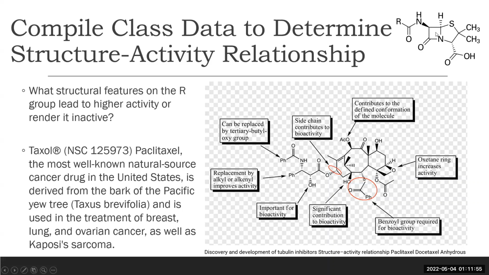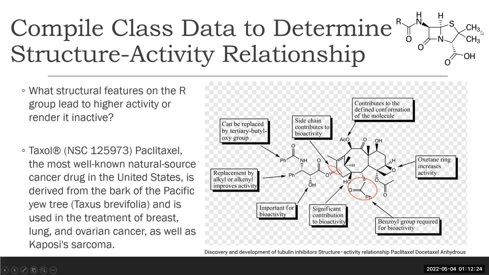But this fused bicyclic ring and the four-membered beta-lactam is critical for activity, including this carbonyl and the carboxylic acid. These are important for binding to the protein. These methyl groups are important for biological activity. So what we're going to be studying, however, is what effect varying the R group has on the activity.